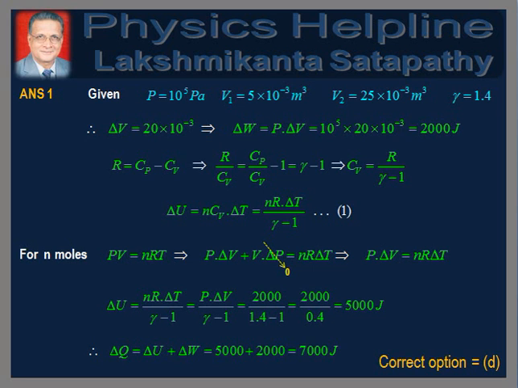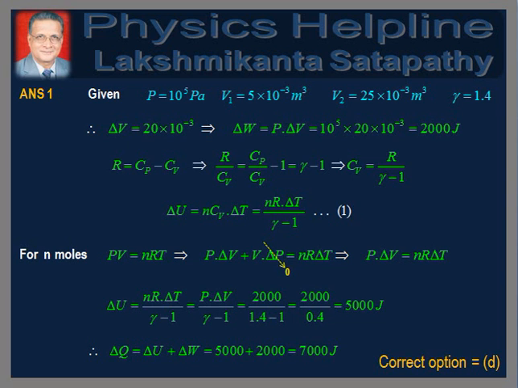Now, for an ideal gas, we have PV is equal to nRT. Differentiating, we get P into delta V plus V into delta P is equal to nR into delta T. As pressure is constant, we have delta P is equal to 0.